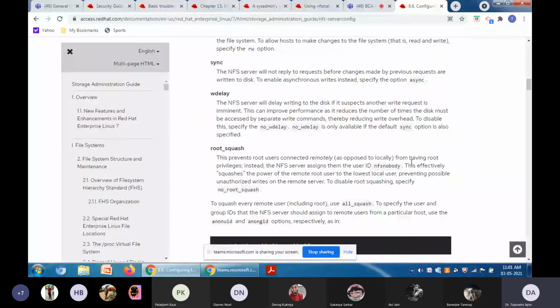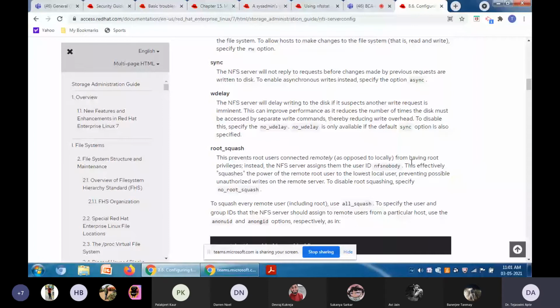Even if you are working as a root user or trying to connect as a root user, you won't be able to work as root on the other system. And if by mistake you have given no_root_squash, no root squash means do not squash the root permission.